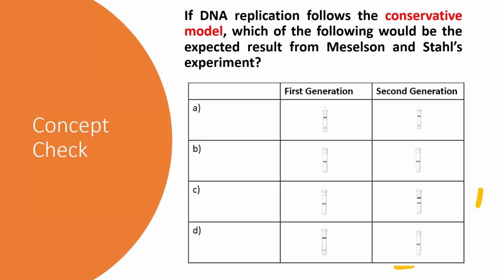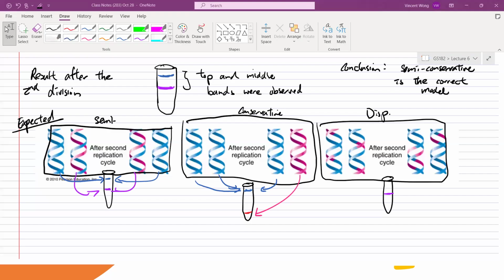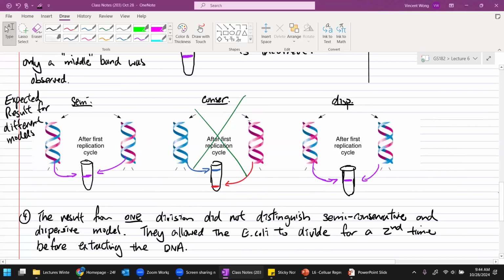If DNA replication follows the conservative model, what would you expect the results to be? Okay, so look at the drawings that we had. We can go back to over here. If it's conservative, we would expect to see two bands after the first division, right?